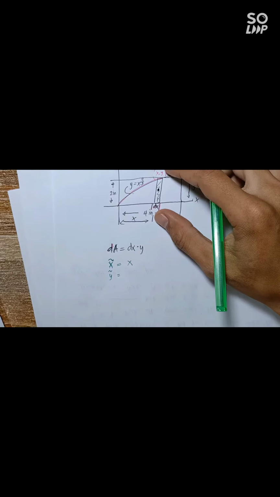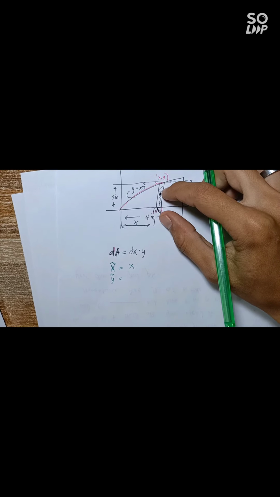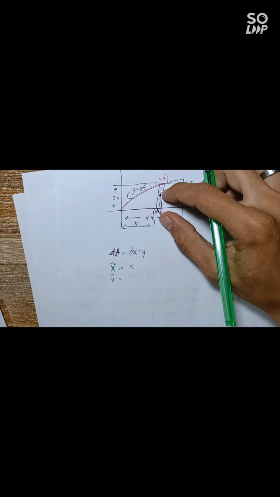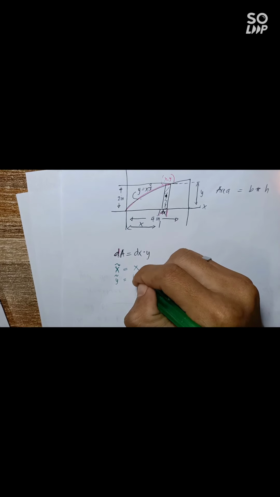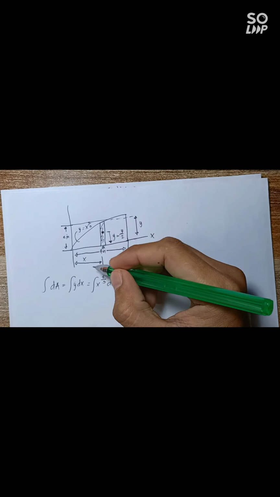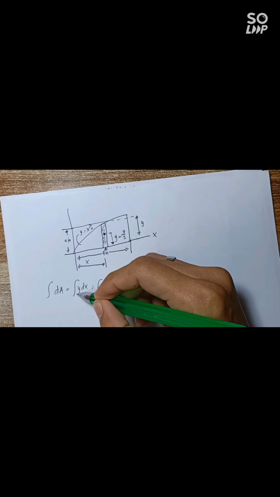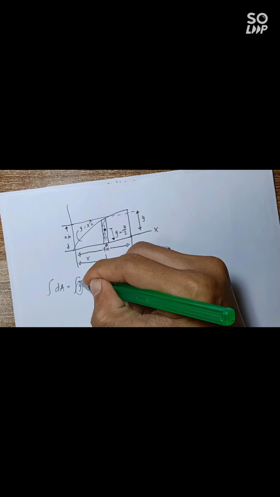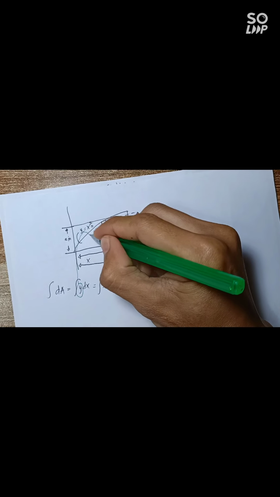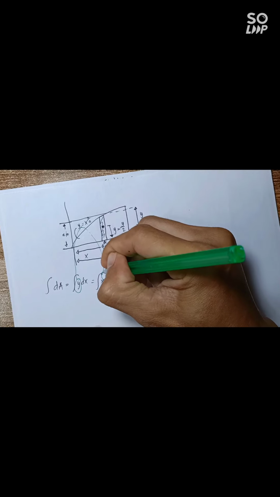You can see it's halfway, in the middle, so it's halfway of the y. That's going to be y over 2. Since we are doing the integration over dx, it is better to change the y to x form.